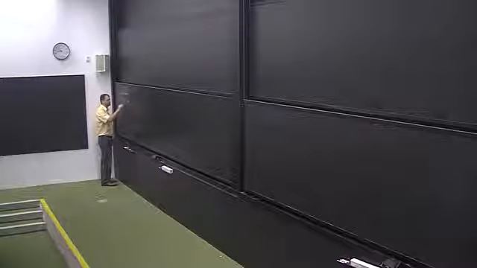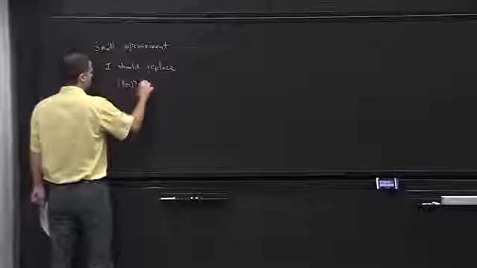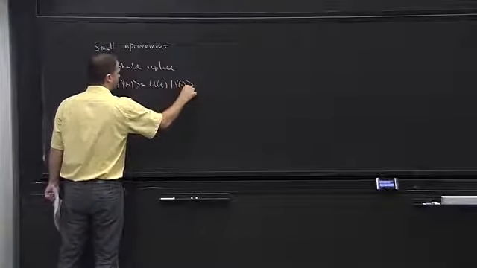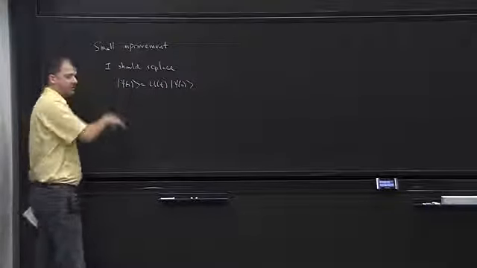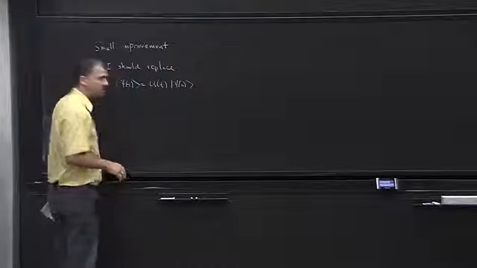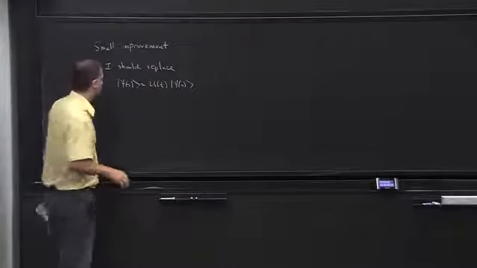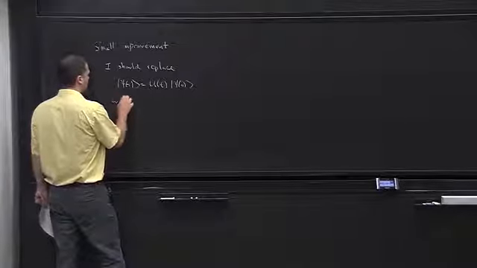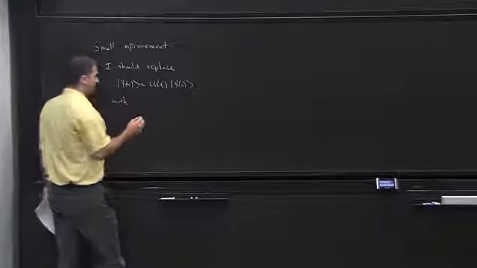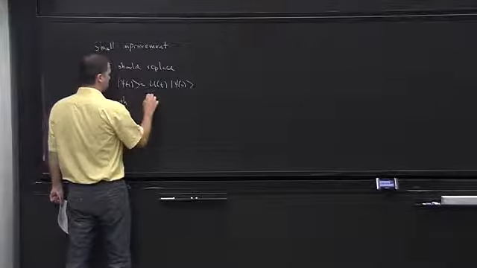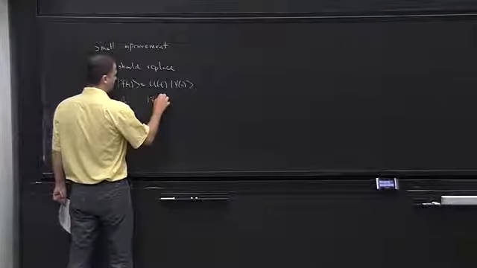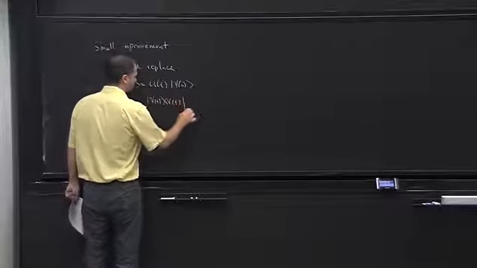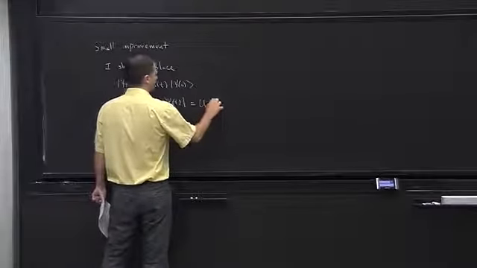I wrote psi of t equals u of t psi of 0 or something like that. I probably had t2 minus t1. And someone suggested that for consistency I should instead write it using the notation I was using, something like psi of t. This is kind of a trivial difference, but just to be consistent.